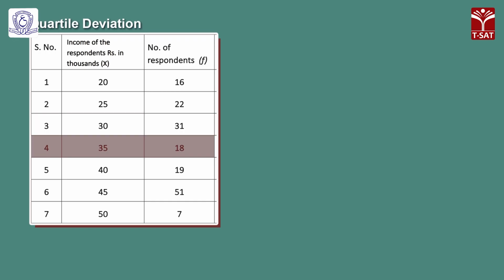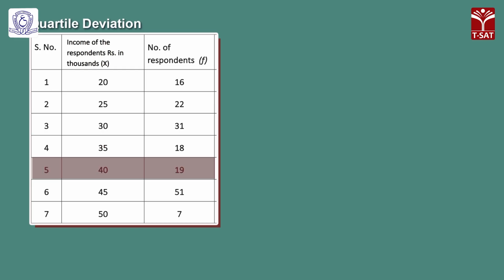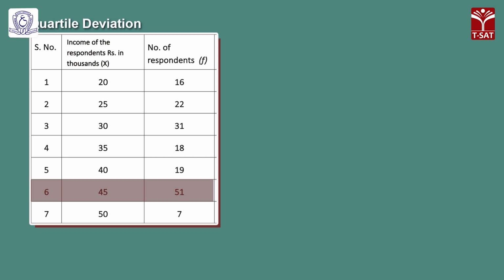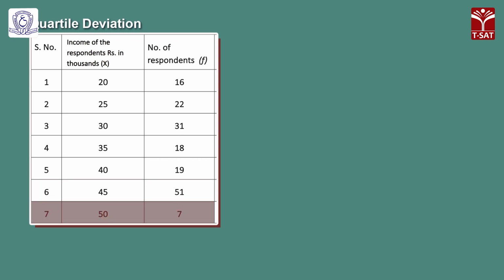There are 18 people earning around 35,000, 19 people earning 40,000, 51 people earning around 45,000 per month, and there are 7 people who earn around 50,000 per month. Our duty is to calculate the quartile deviation for this series.